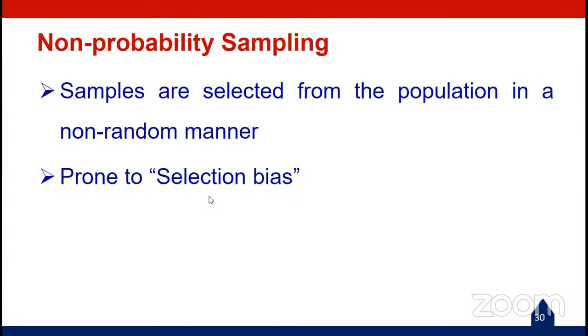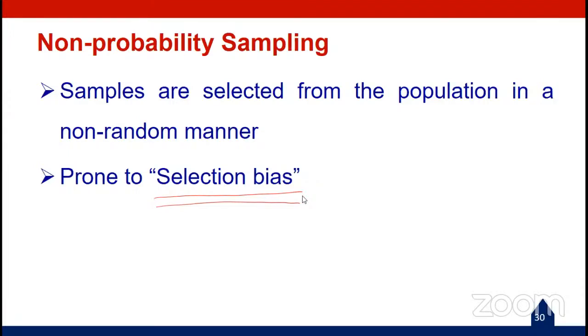It might be based on the ease of availability, or on some personal preference of the investigator. All this is non-random. Because of this, it is prone to selection bias. Definitely, non-probability sampling methods are not as accurate as probability sampling methods.